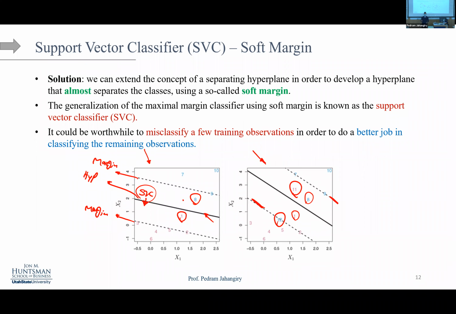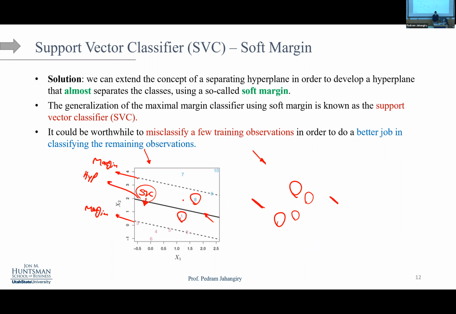Rodney, I was just going to ask, you may have mentioned this already, but do we manually set the size of the margin that we're looking at, like the distance from the hyperplane to each? The margin is, well, we don't manually set it. If you look at the optimization problem, it's a good question.